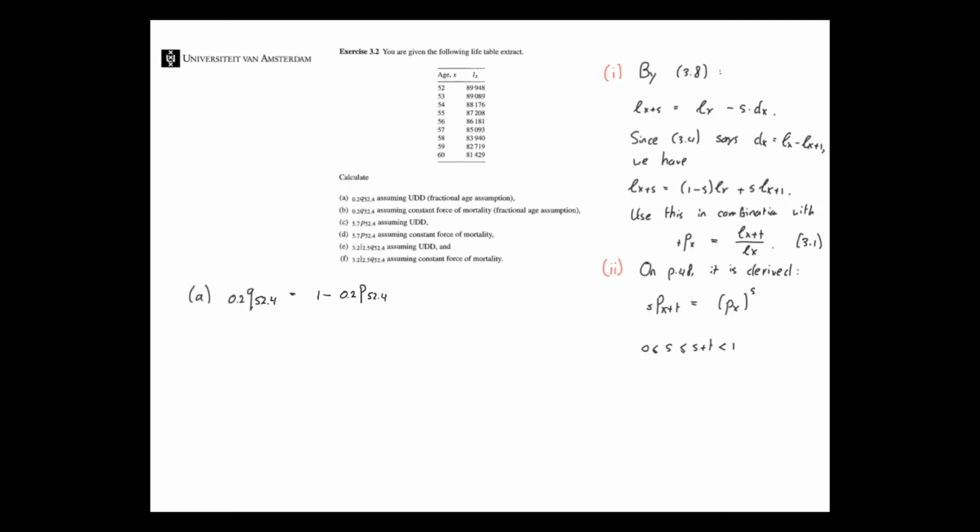Now we will use equation 3.1, where we say this probability can be written as this fraction. So this is L of 52.4 plus 0.2, that's 52.6, and then divided by L of 52.4, right?